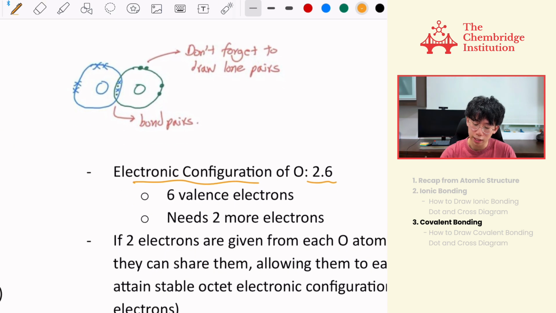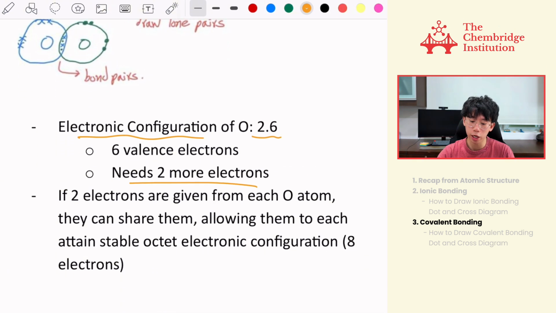Then we know that to achieve a stable octet configuration, they need 2 more electrons each, right? And the way they will do this is that they will share. So if 2 electrons are given from each oxygen atom, they can share them, and in that sense they can mutually both achieve a stable octet electronic configuration with 8 electrons in the outermost shell.